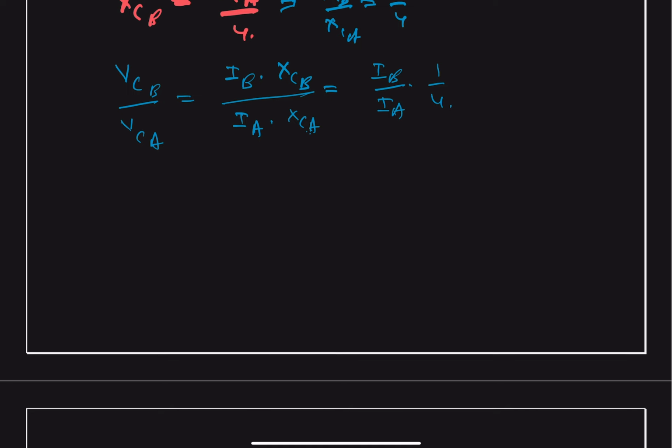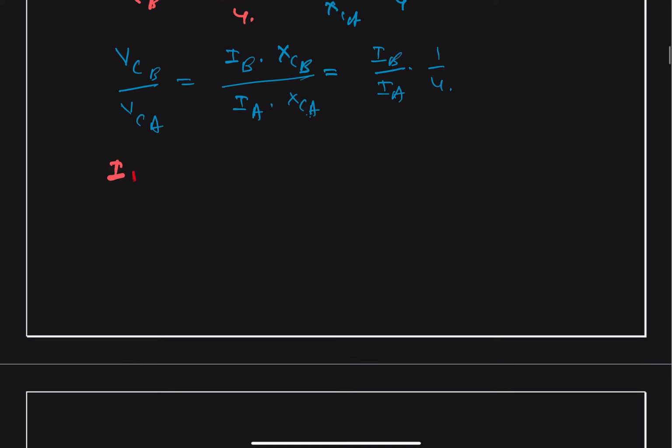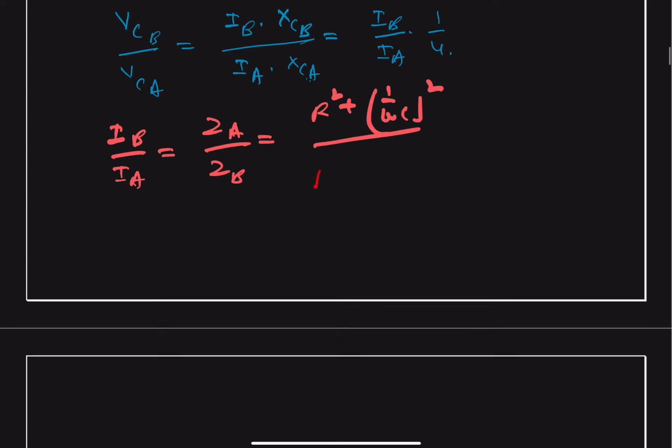So IB upon IA will be equal to ZA upon ZB, which comes as the square root of R square plus (1 upon omega C) whole square divided by the square root of R square plus (1 upon 16 omega C) whole square.